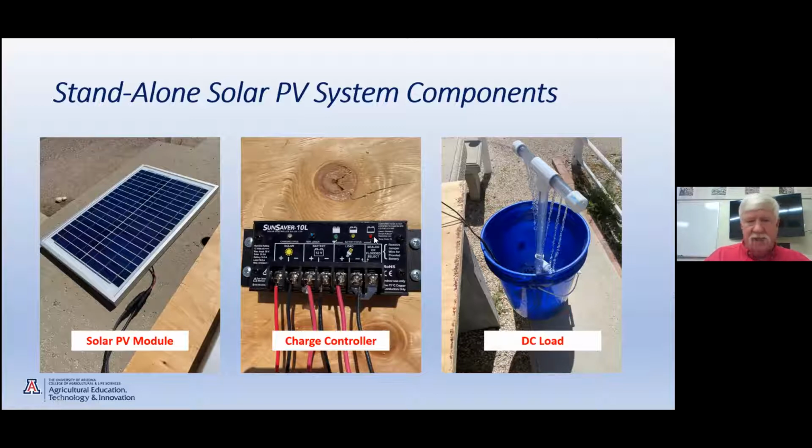So red saying we have a very low battery, it'll automatically disconnect the load till the battery is charged enough up into the yellow, and it'll actually re-engage and the load will come back on again. And then we have an LED that's charging, saying if we have the modules actually in the sun and it's sending electric current to the charge controller.